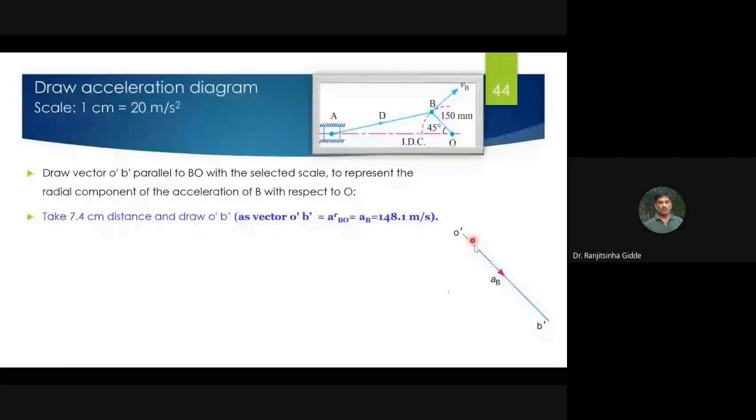So this radial component, again we can call it as a centripetal component towards the center. Draw this. I have displayed the diagram on one side, but I request all the students, they should draw the diagram at the middle of the page.